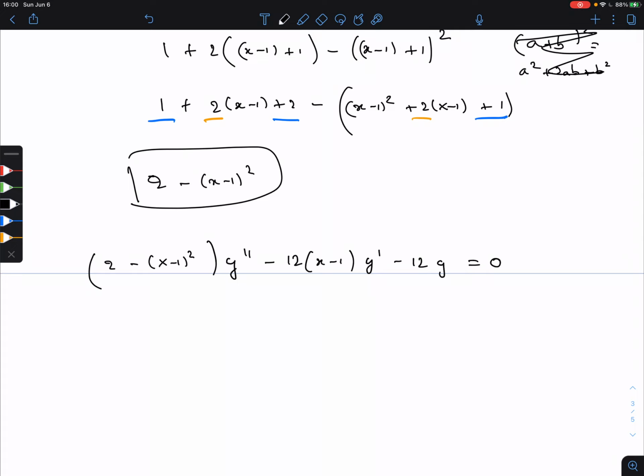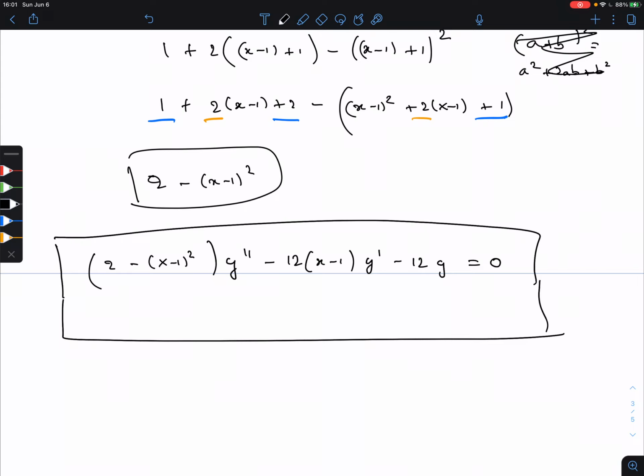Okay, so this is now the format we're going to look at.